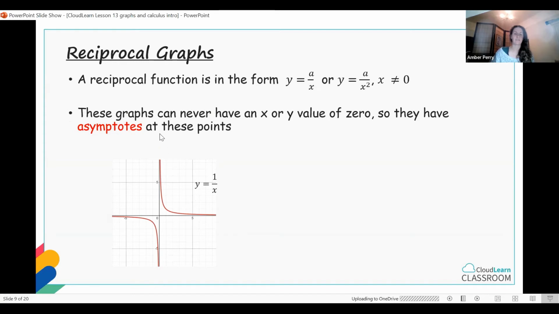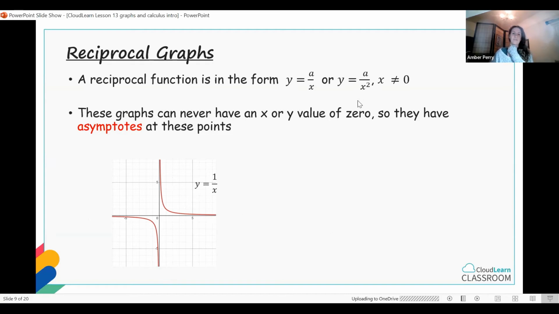It will just get forever closer, as x gets bigger and bigger here, or smaller and smaller here. And then again, as x gets negative, bigger and bigger, or smaller and smaller, I should say. So those lines are called asymptotes, okay? And that's because x and y cannot possibly be 0 in those graphs.